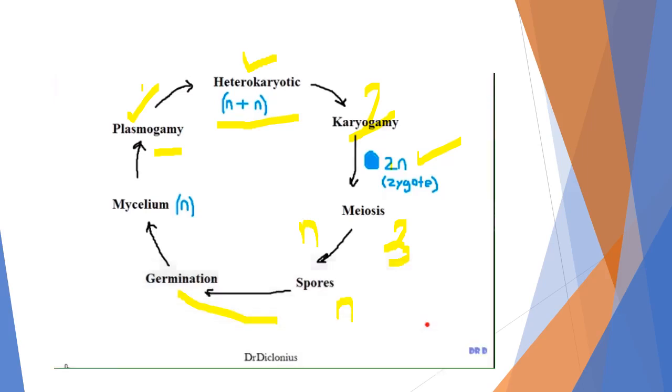Fungus life cycle is pretty interesting, and it's different from all the other life cycles we've seen so far. And the main difference here is this plasmogamy, this heterokaryotic stage, and this karyotic. What is this? What is this? Now, in plasmogamy, it's interesting because the actual cytoplasm of the fungal cells will not, but the nuclei. Therefore, they're into a heterokaryotic state. So let's say we Okay, here there are two cells.